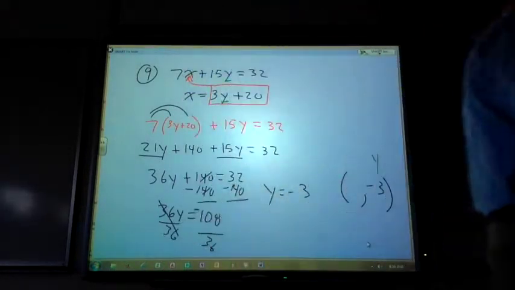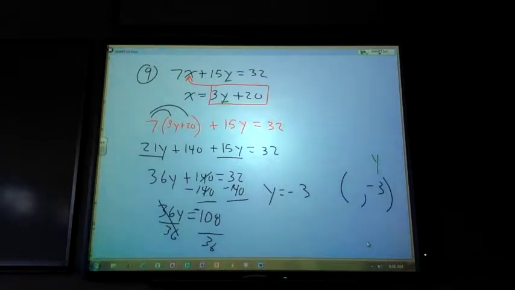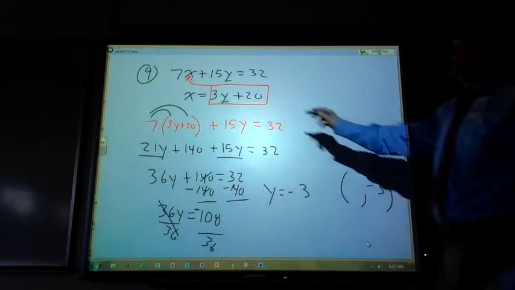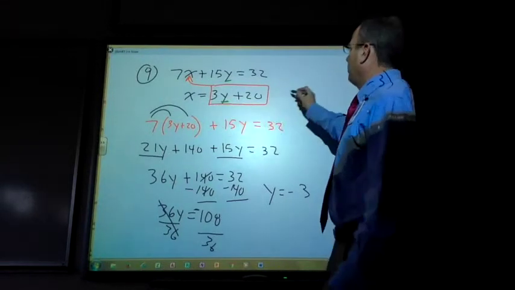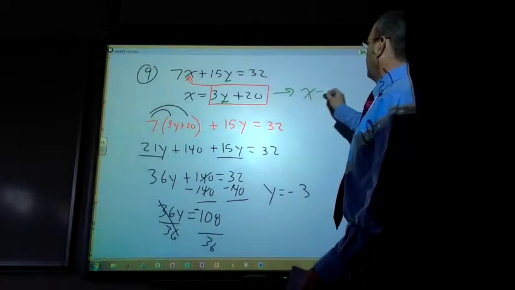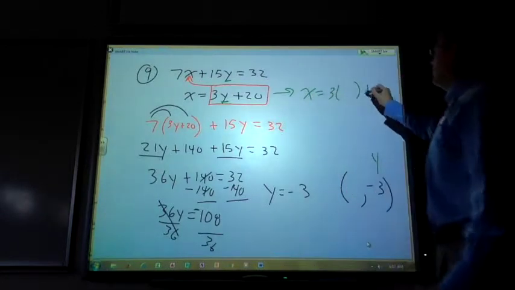Mackenzie said the second one. Why would the second one be a good one, Sophia? It is just easier, but why is it easier? What letter am I trying to solve for? X. And that second equation is x equals, right? So I'm going to take that and plug it in. It doesn't matter which one I plug it into, but I'll plug it into the second one. So I'm going to get x equals 3, parentheses, plus 20.